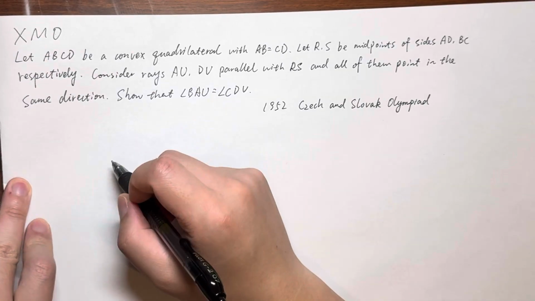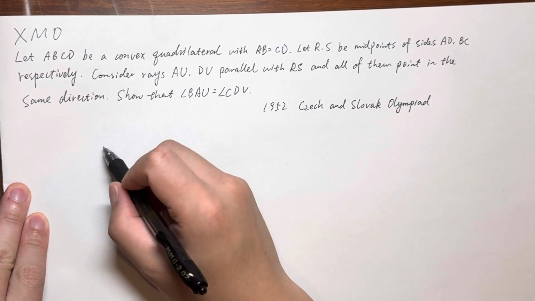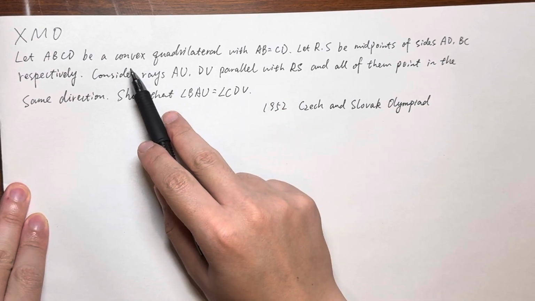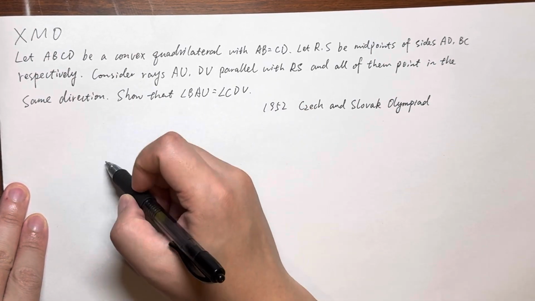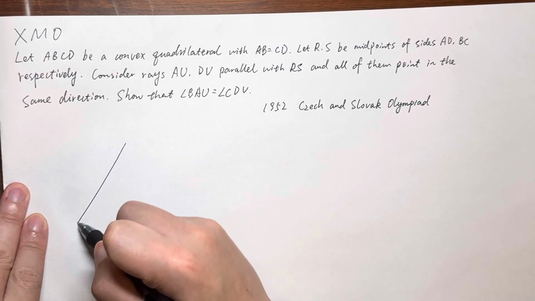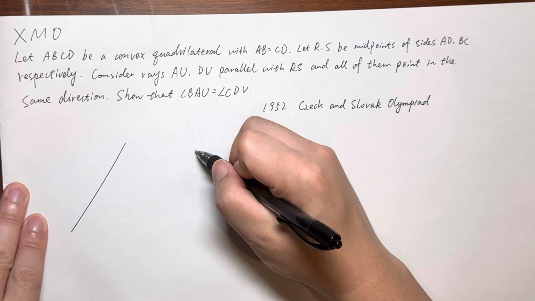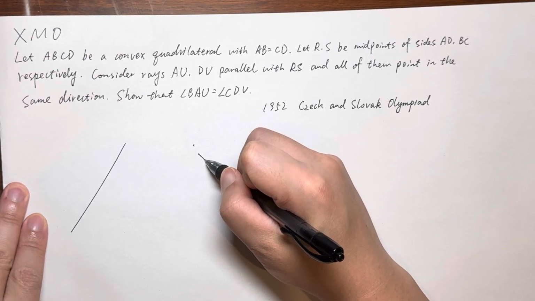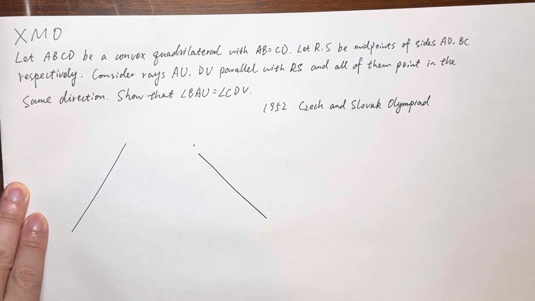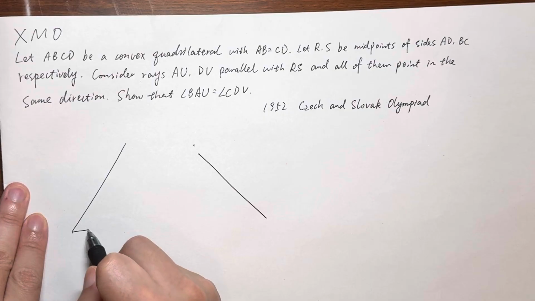Okay, so let's just draw the figure first. We want to have a convex quadrilateral with AB equals CD. So if I draw AB like this, probably I need to draw CD like this, right?